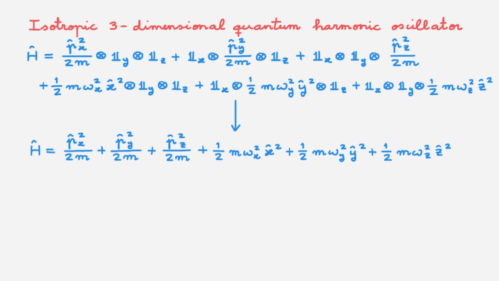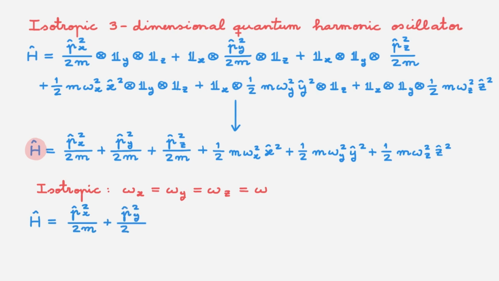Today, we're going to consider a special case of this Hamiltonian, the isotropic case. What this means is that we will choose the frequencies along the different directions to be equal to each other, and we will collectively call them omega. Using the simplified notation, we can very quickly rewrite the Hamiltonian with the same kinetic energy terms and with the new isotropic potential energy terms.